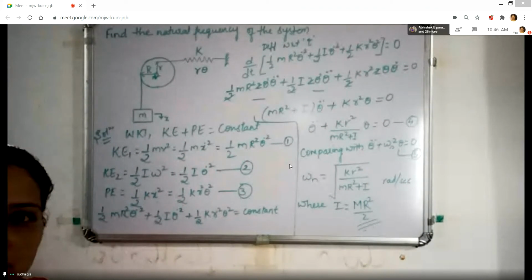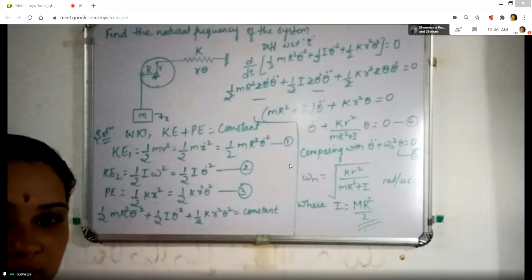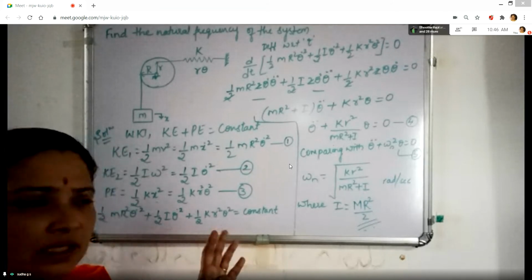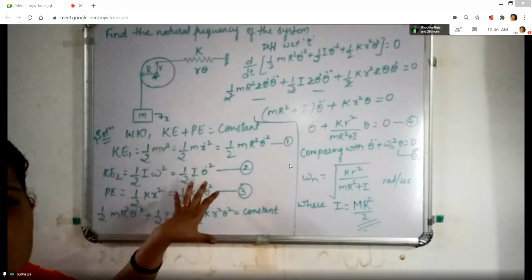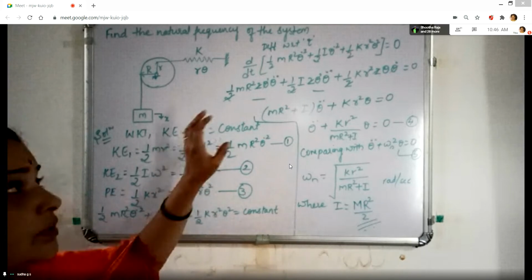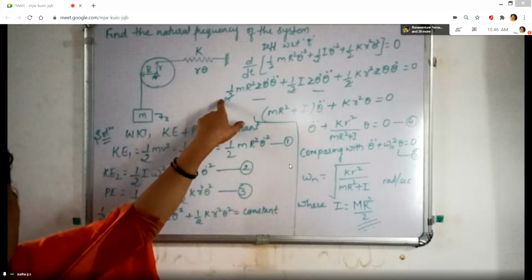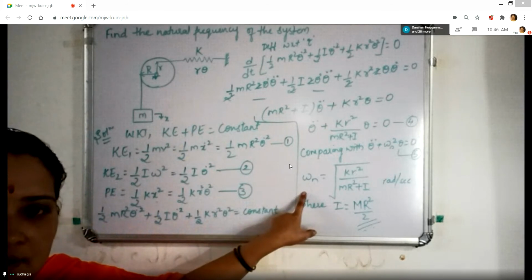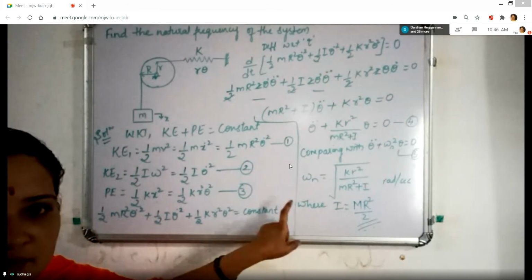Yes. They are very simple problems, standard things you have to remember. Writing down the kinetic energy, 3 equations or 2 equations you get. Put it in the standard equation, differentiate, compare it, find out the natural frequency. Right? 8 marks problems.